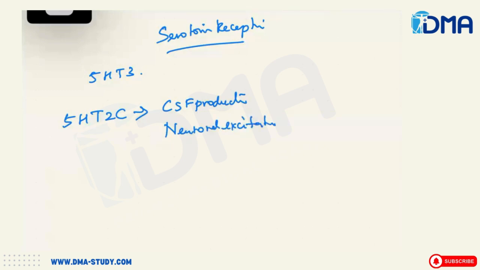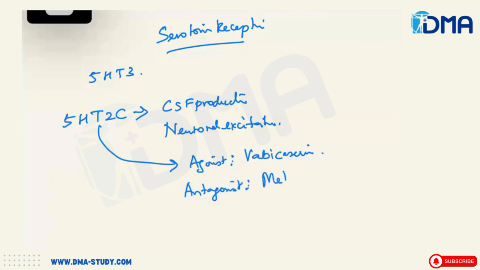The other receptor which you can have is the 5-HT2C receptor. It is involved in CSF production and neuronal excitation. This receptor's agonist is lorcaserin, and the antagonist is methysergide.